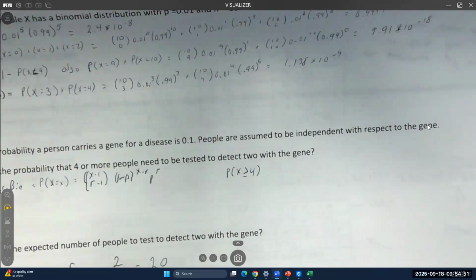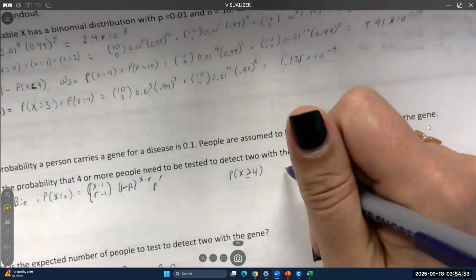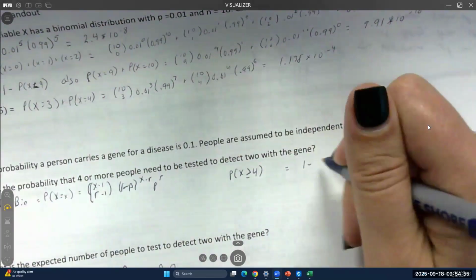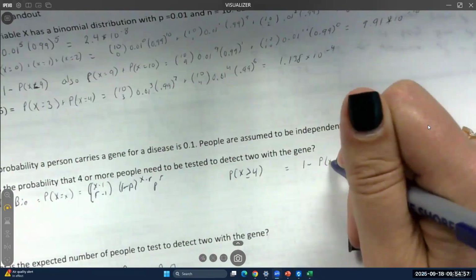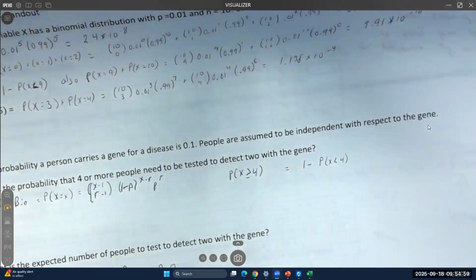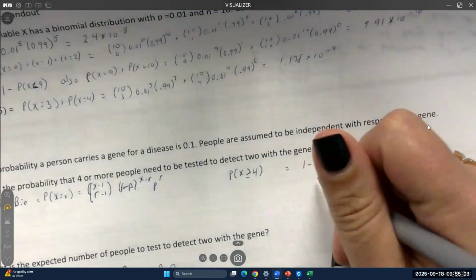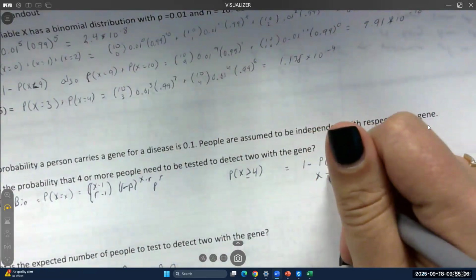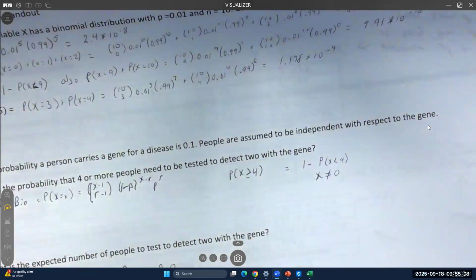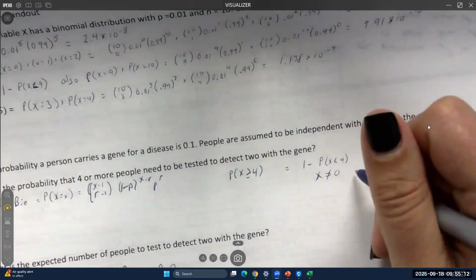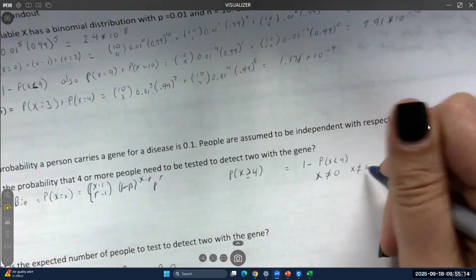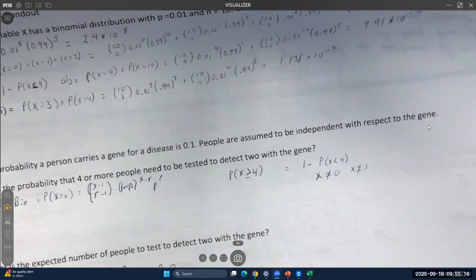I haven't been given a cap, which means what I'm really finding is 1 minus the probability that x is less than 4, but I've got to have 2. So x is never going to be 0, right? Because I can't find 2 successes in 0 trials. And x is never going to be 1 because I can't find 2 successes in 1 trial.